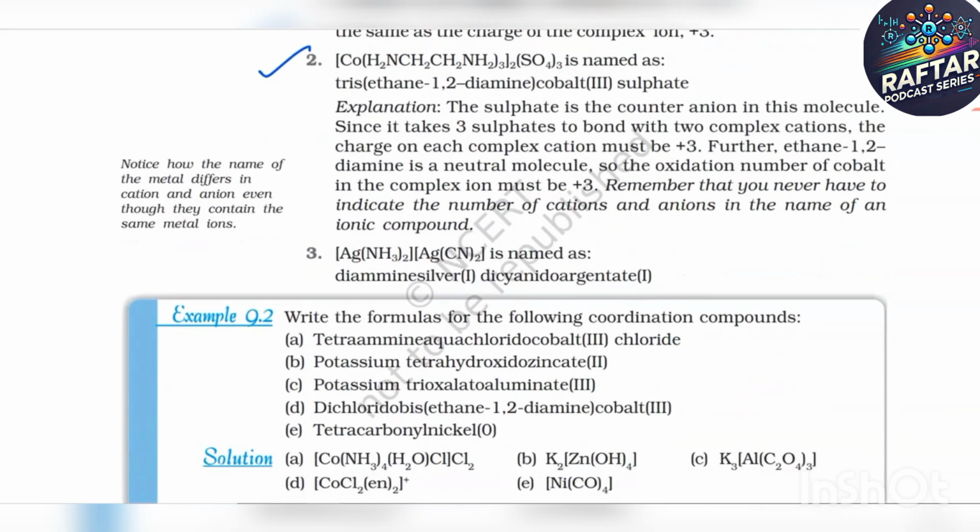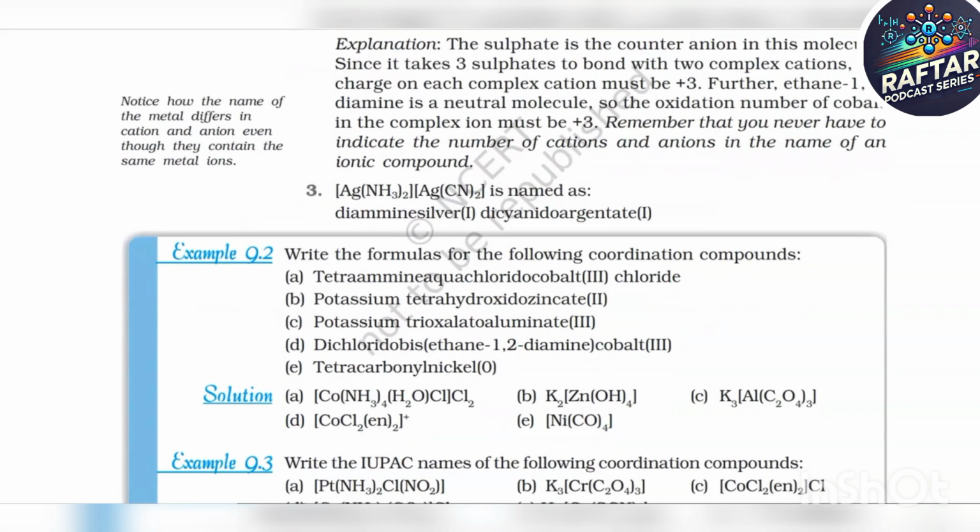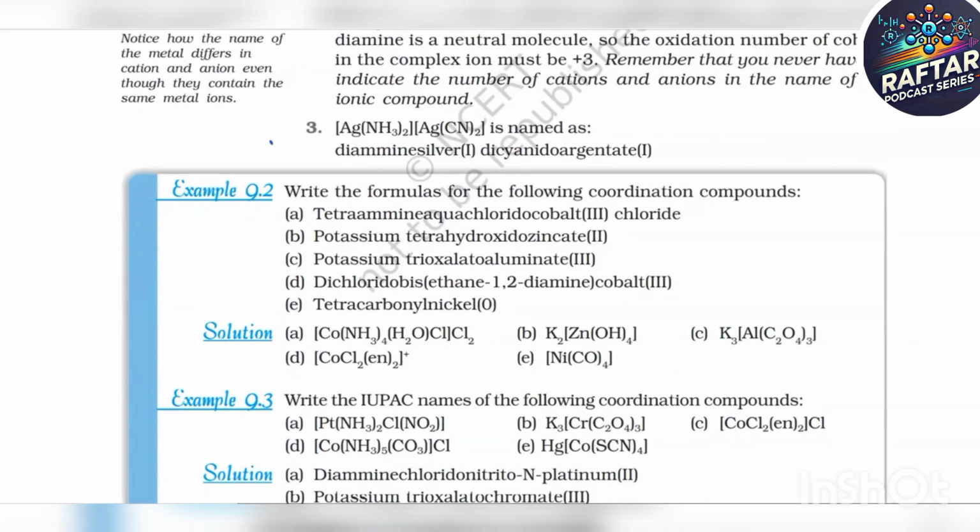Explanation: the sulfate is the counter ion in this molecule since it takes 3 sulfates to bond with 2 complex cations. The charge on each complex cation must be +3. Further, ethane-1,2-diamine is a neutral molecule, so the oxidation number of cobalt in the complex ion must be +3. Remember that you never have to indicate the number of cations and anions in the name of an ionic compound.